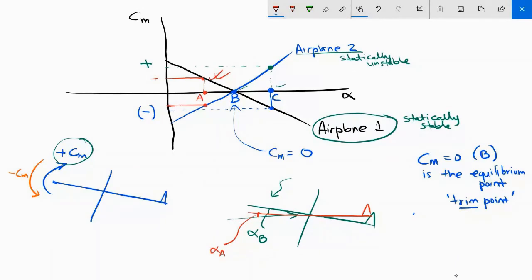So this gust of wind changed the angle of attack to alpha A, and because of the negative moment generated in the case of airplane 2, the aircraft will try to rotate further downward. So again, from this example, we conclude that airplane 2 is not stable. Okay, statically unstable.